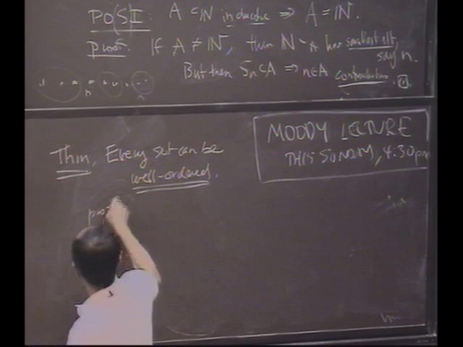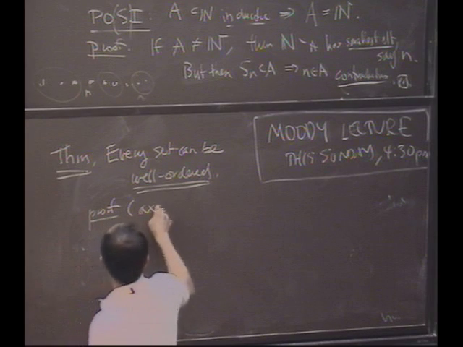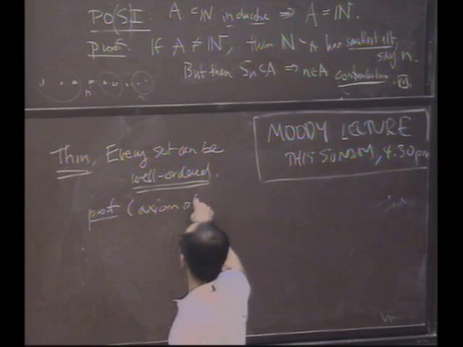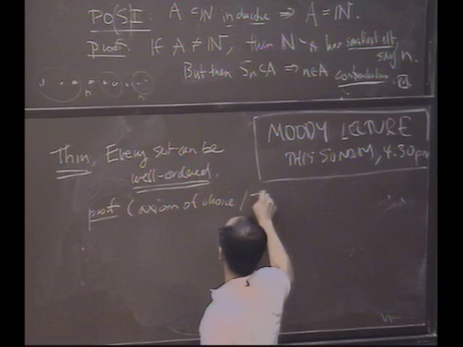The proof, which I'm not going to do but you can look up, basically depends on the axiom of choice, or something called Zorn's lemma.